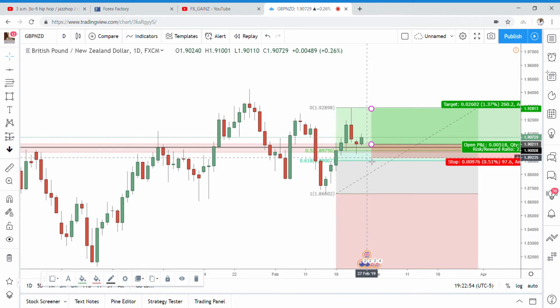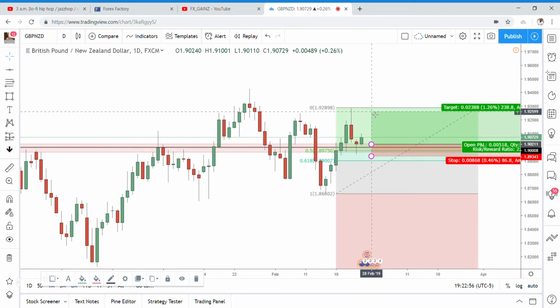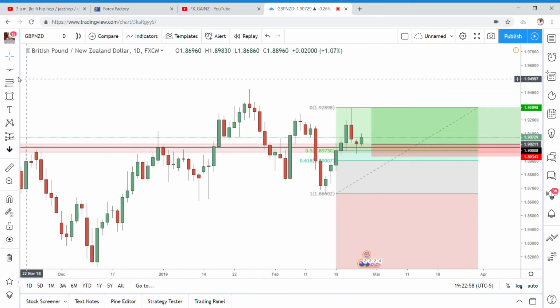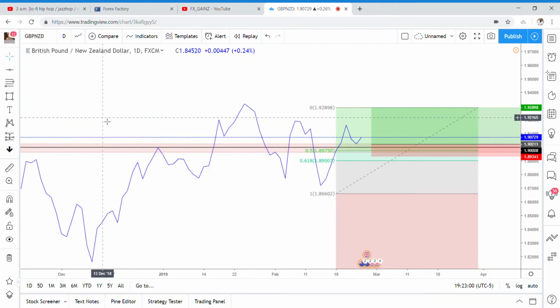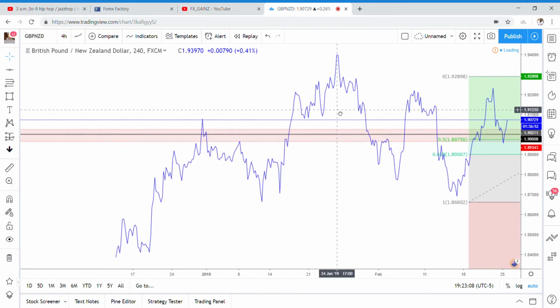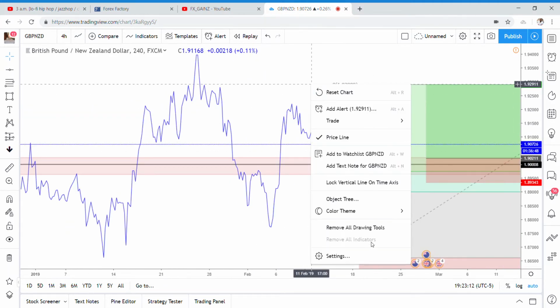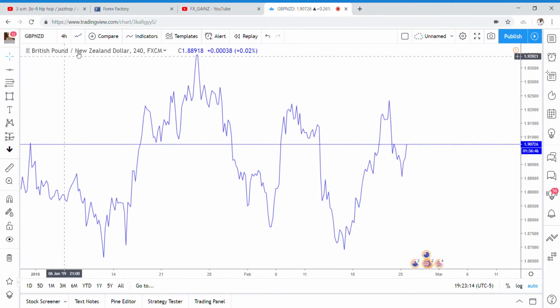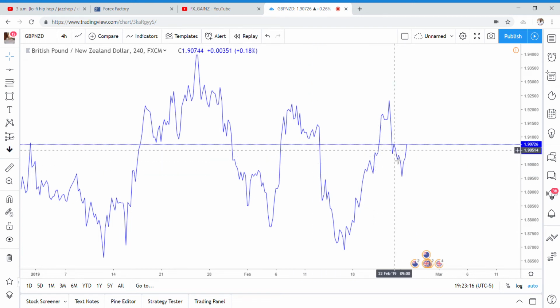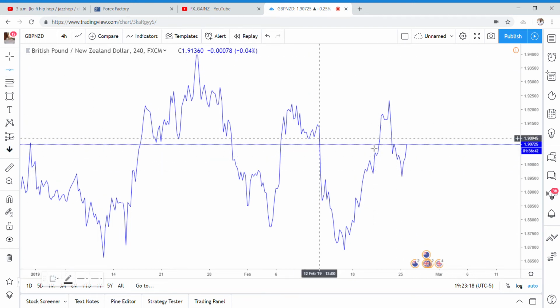And I'm going to go on a lower time frame in a second, because I didn't take this off the daily chart. The reason why I took this trade is because of this zone right here. I really liked it, and I'll show you on the 4 hour. Again, guys, I apologize, it's the first time I'm doing this. Anyway, let's remove all that again. Now I see here these two peaks right here.